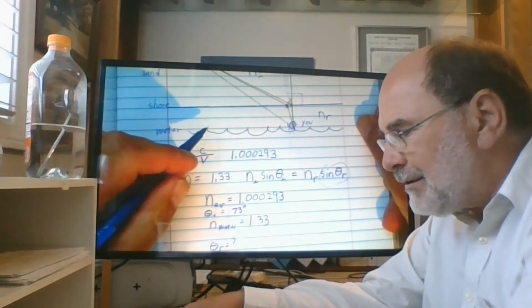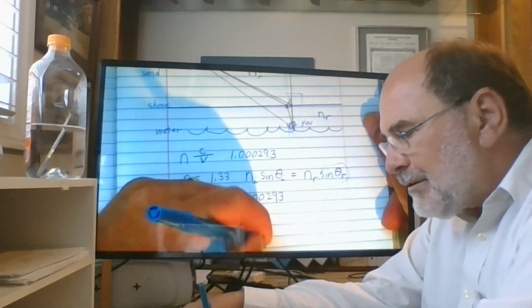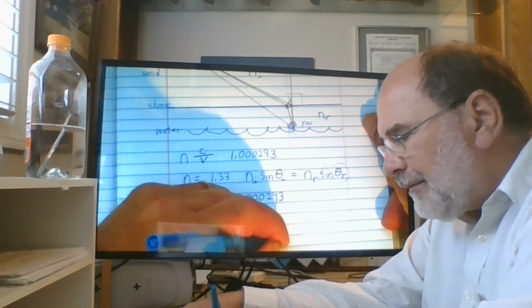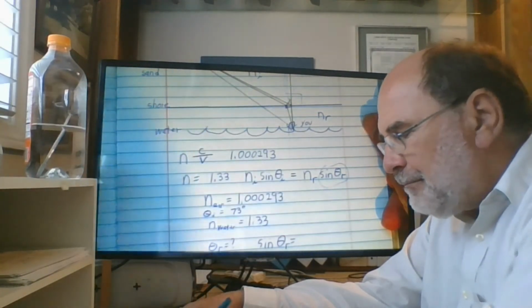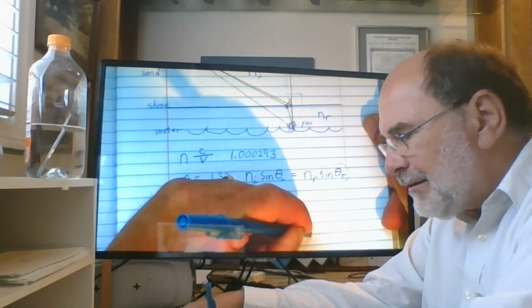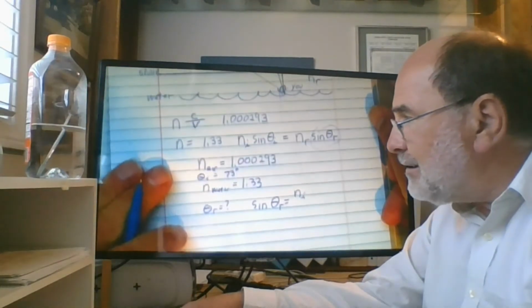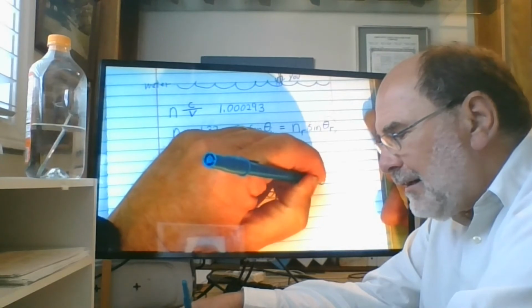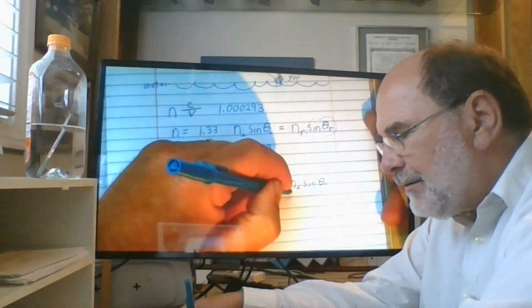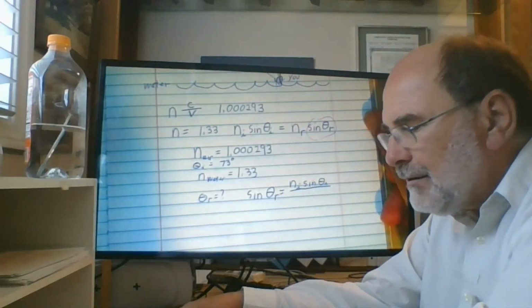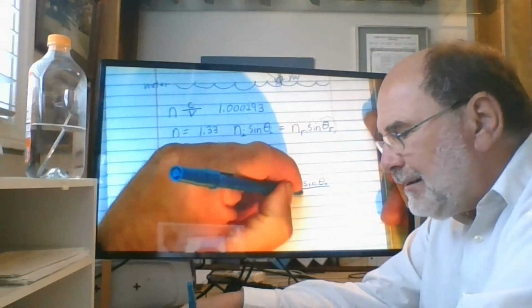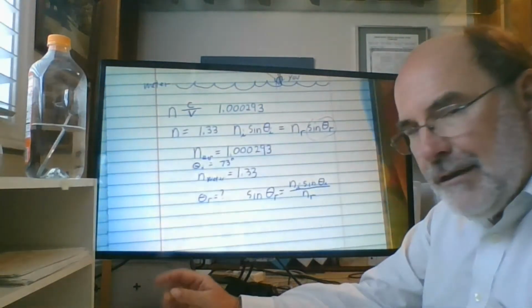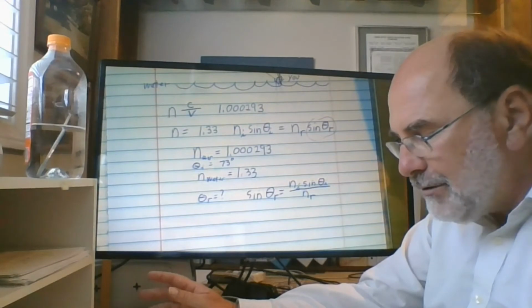Let me first rearrange the equation and write: the sine of the angle of refraction is equal to the index of refraction of the incident material times the sine of the angle of incidence. Take that product, divide it by the index of refraction in the new material that you're going into.